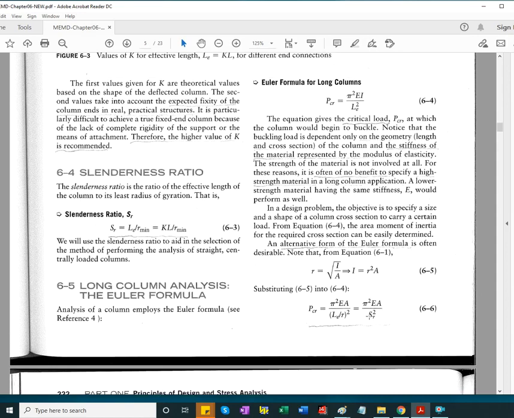There are alternative forms of this equation 6.4. See it here, where the slenderness ratio was introduced, and the critical load, that is the compressive load that's causing buckling, equals pi squared times modulus of elasticity times the area divided by slenderness ratio squared.